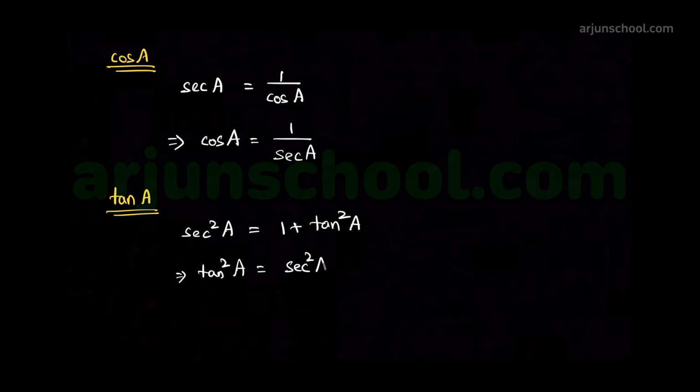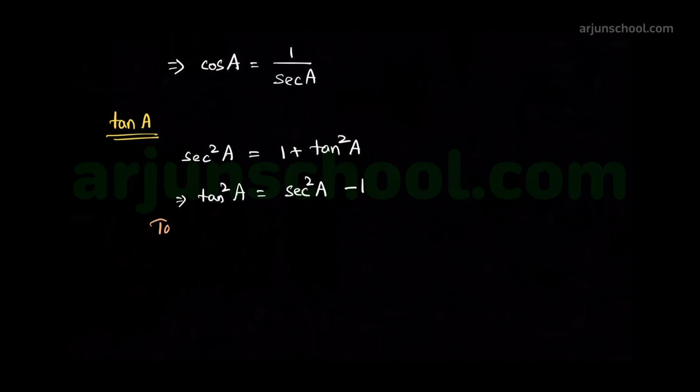Now let us write tan A in terms of secant A. We shall use the identity secant square A is equal to 1 plus tan square A. Now let us rearrange it to get tan square A is equal to secant square A minus 1. Take square root on both sides.